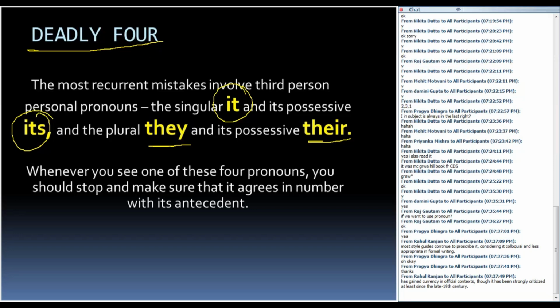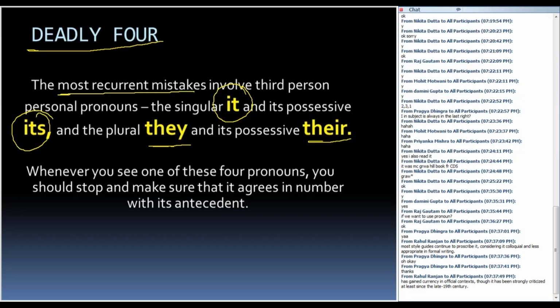There is a 90% possibility that something will be wrong there. Okay? Mistakes related to these four pronouns are so frequent that you should stop and make sure that they have been used correctly. These four pronouns: it, its, they, and their. The most recurrent mistakes. Okay.